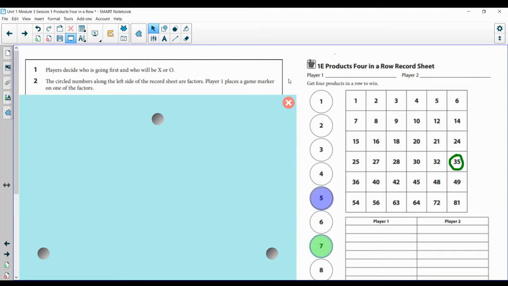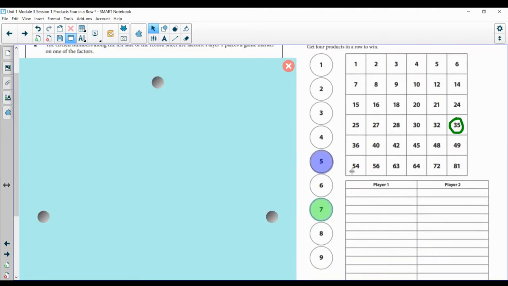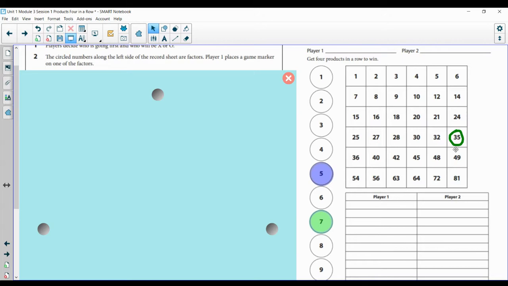Now they get to move either one of these to a different location to try to get position on the board. If he wants to block, he would go right around the O, or maybe he would want to try going somewhere else. So let's move it to the ones position. So you can only move one. He could have moved this one, or he could have moved this one.